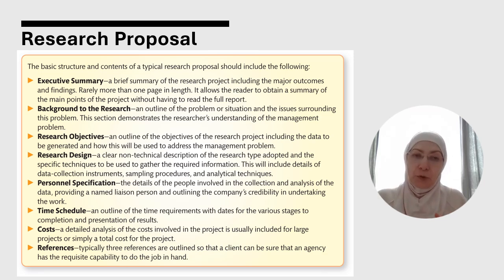You explain the problem statement and the benefits from that, and then talk about the objectives you identified, which need to be very specific and measurable, so you can prove later on that the research achieved these objectives through the findings.